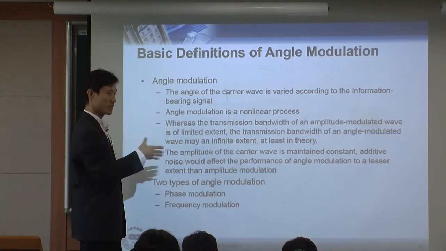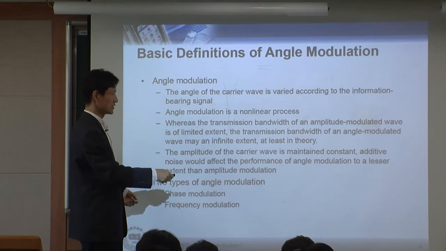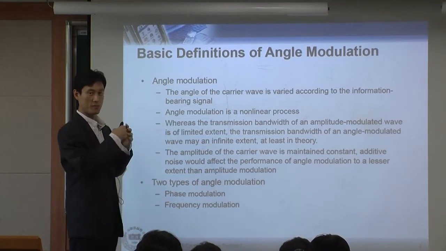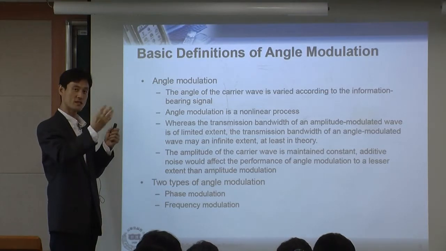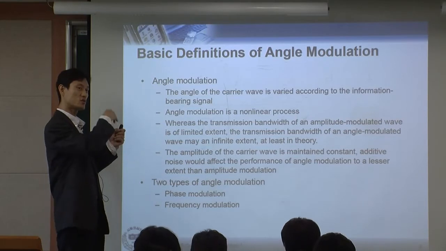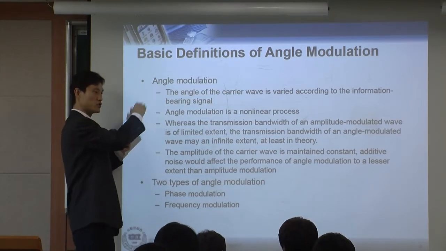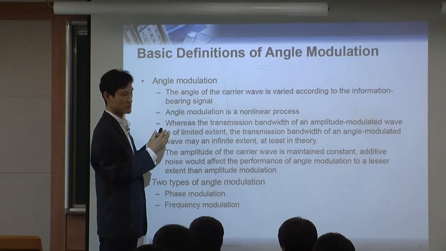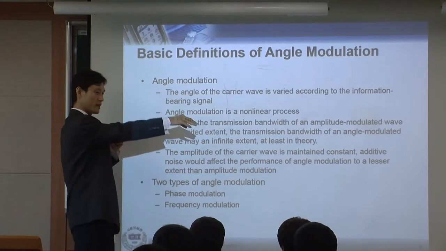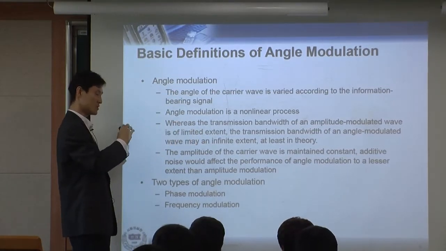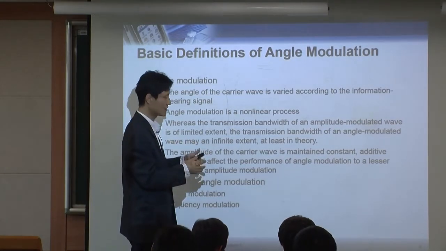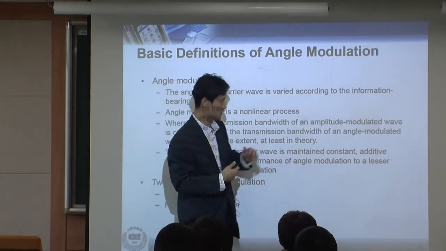So in general, the amplitude of your carrier is the same, is constant. Earlier in amplitude modulation, you put the message into the amplitude, right? So since your message goes to the amplitude, of course the amplitude changes depending on your message. But now in angle modulation, your message goes to the angle, and the amplitude still remains the same. The amplitude is not going to change, and it's constant.